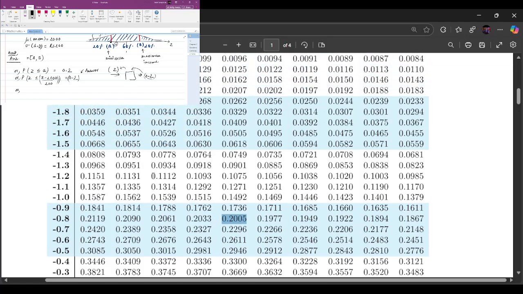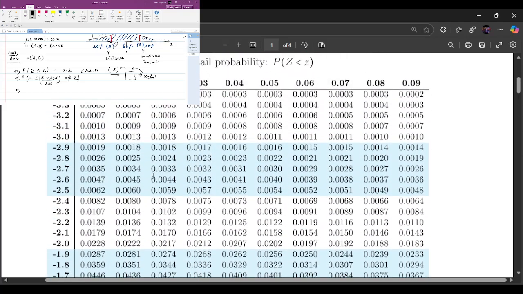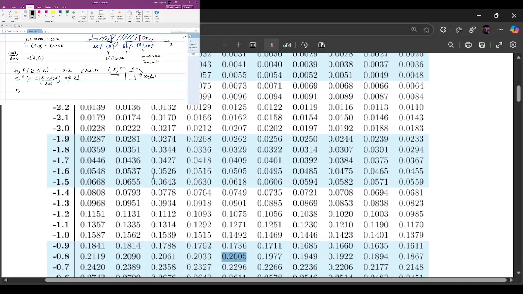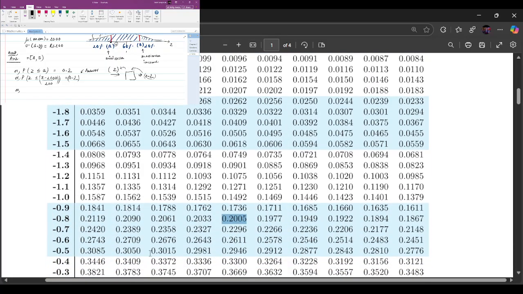So 0.2005 corresponds to minus 0.84. So P(Z less than (x minus 2000) by 200) will be Z less than minus 0.84.